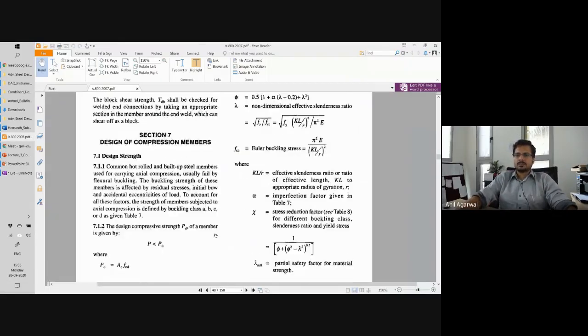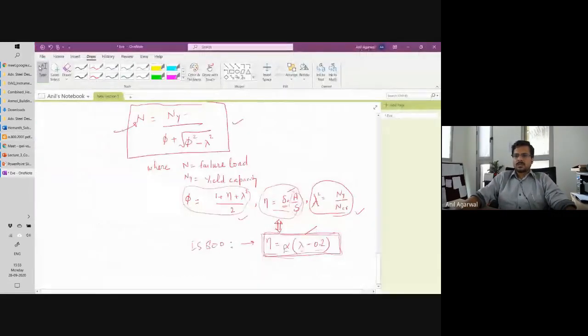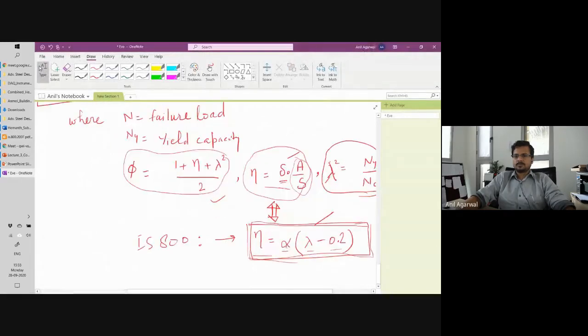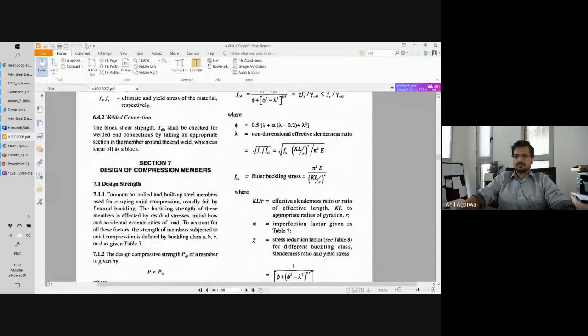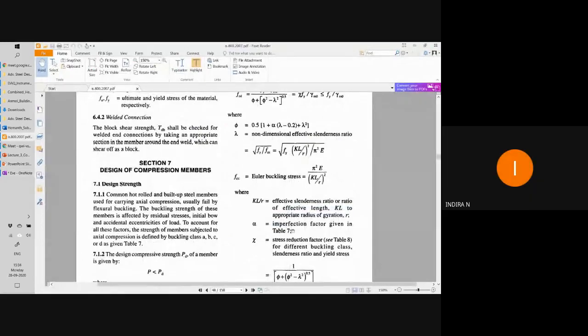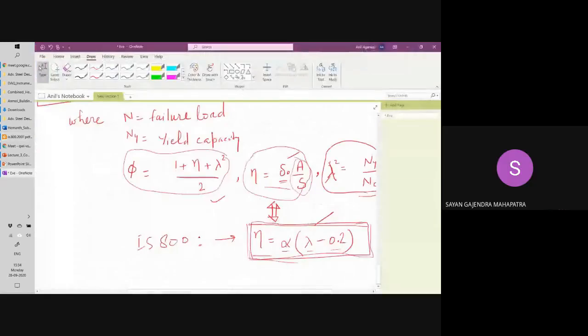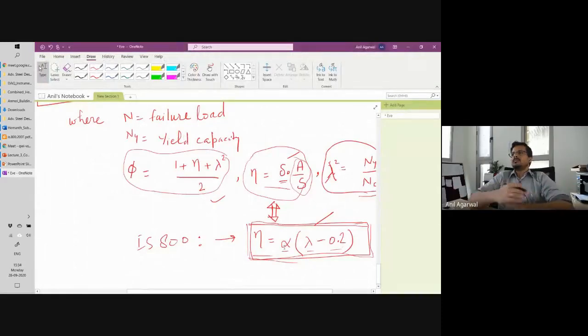What is alpha here in this equation in the Indian code? Imperfection factor, sir. Very good. So alpha is known as an imperfection factor here. Basically, this factor eta accounts for both imperfection as well as the residual stress.